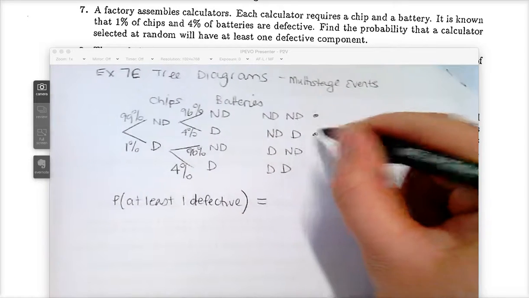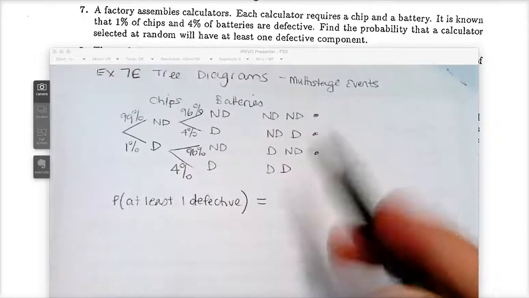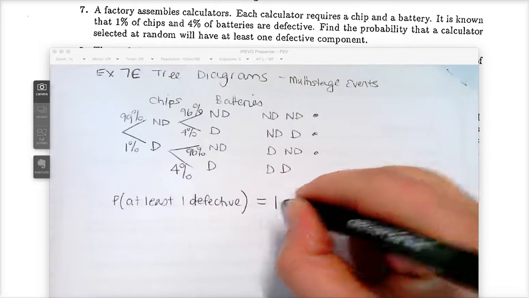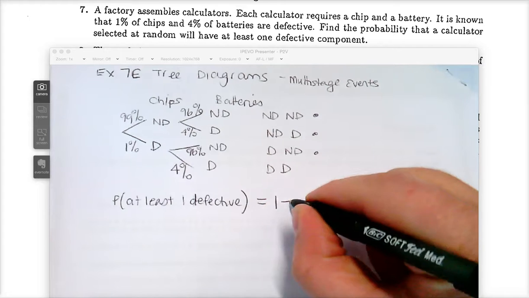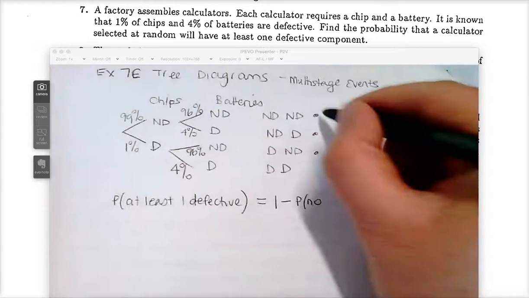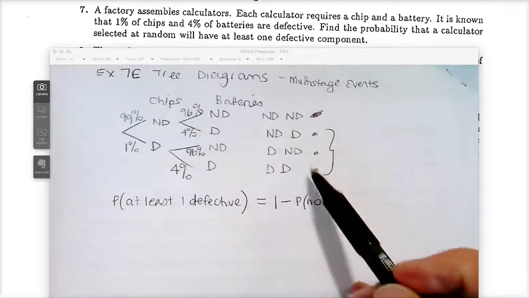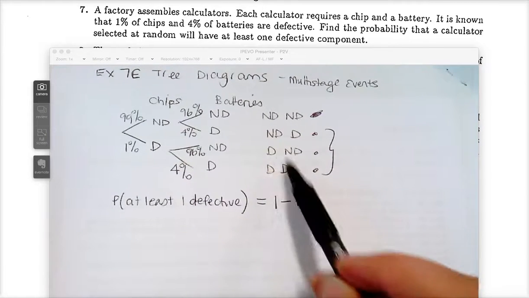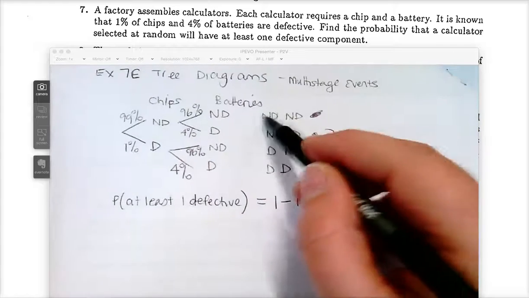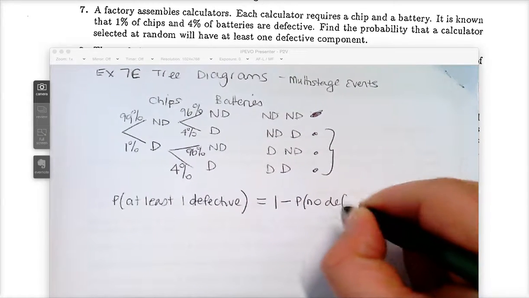Wait a sec, I've made a mistake there. Isn't it these 3 they're talking about? Yes, the probability of at least one defective: these, that, and that. So it's everything except for that one. Probability is 1 minus no defects.